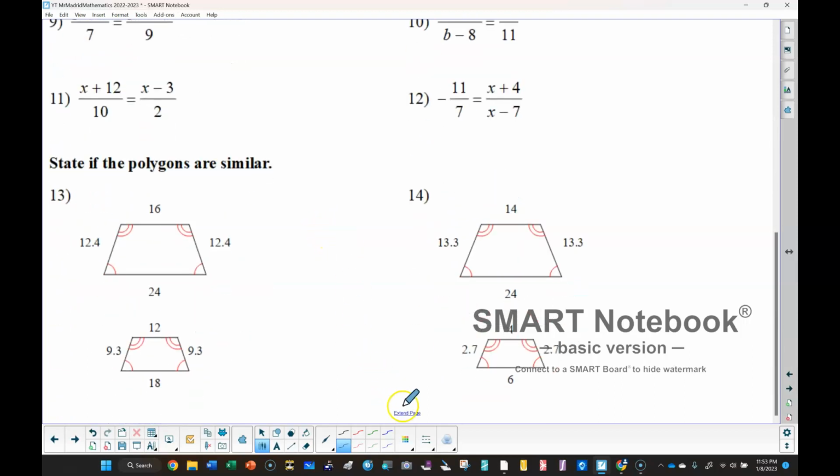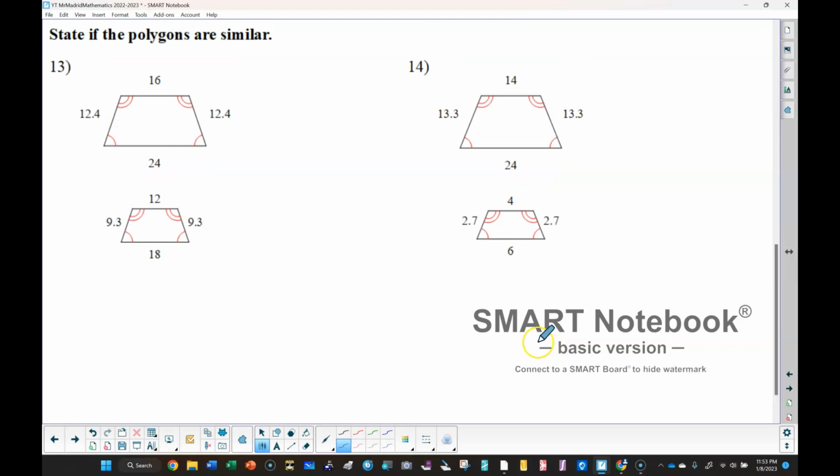Now, we get into the lesson. State if the polygons are similar. So if they're similar, that means that if I create a ratio of 16 over 12.4, it should equal 12 over 9.3.